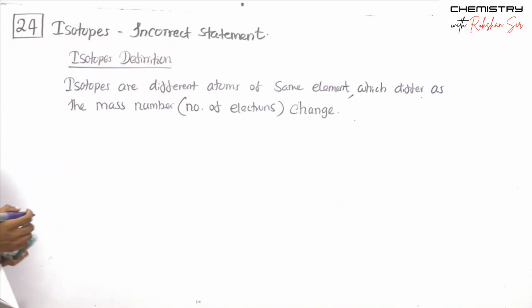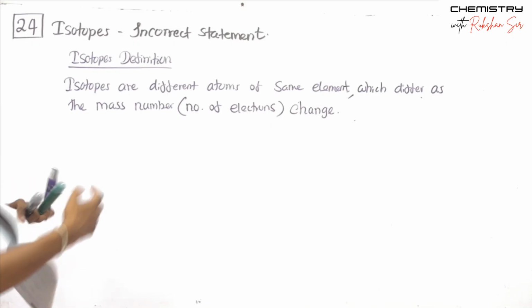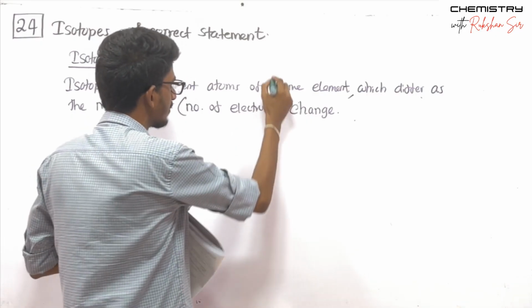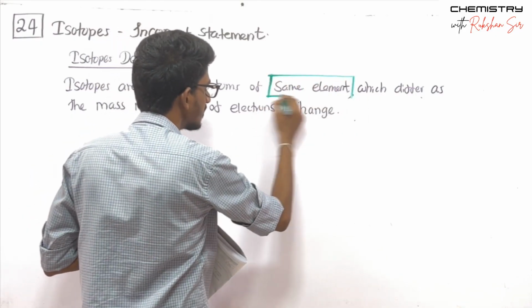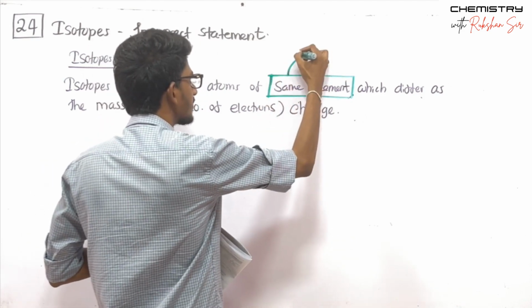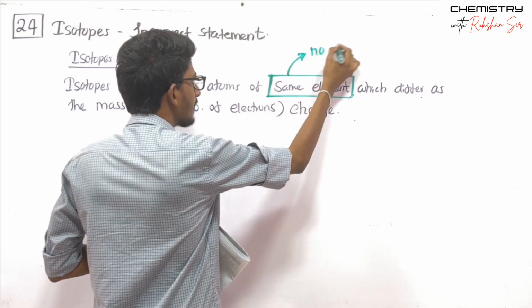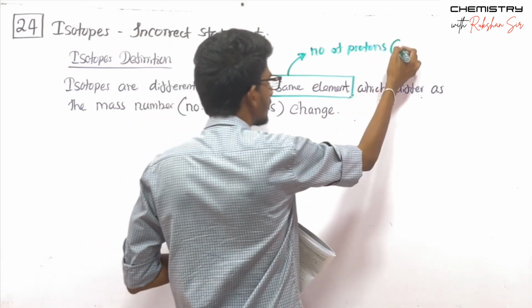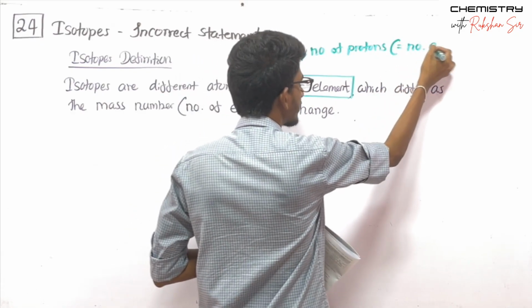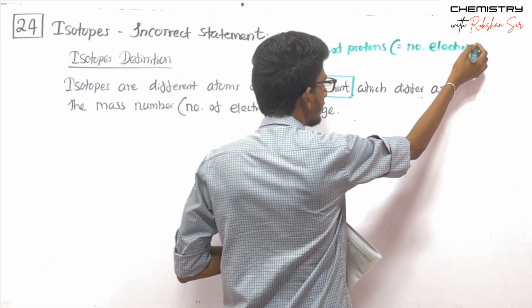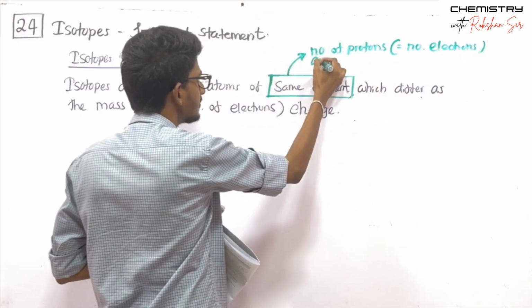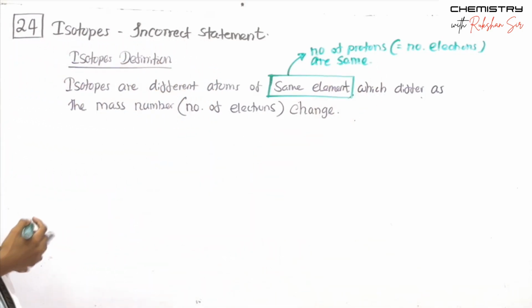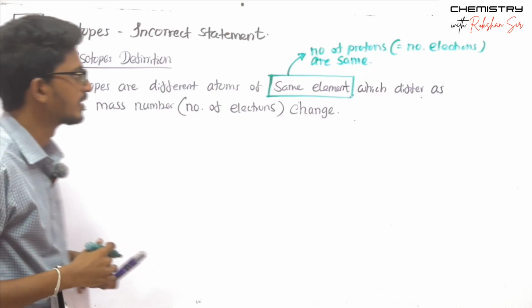So isotopes are different atoms of the same element. Same element means the number of protons, which is equal to the number of electrons, are the same.